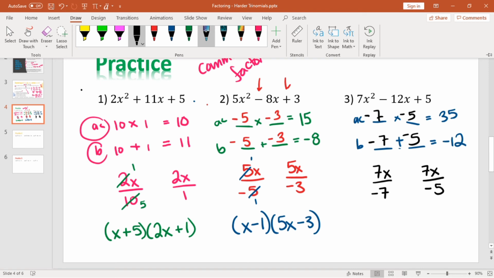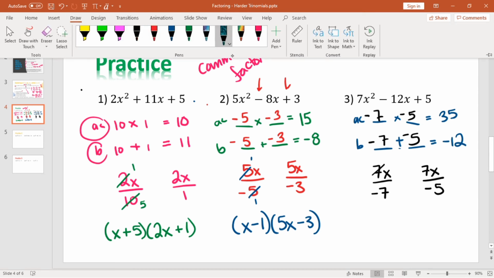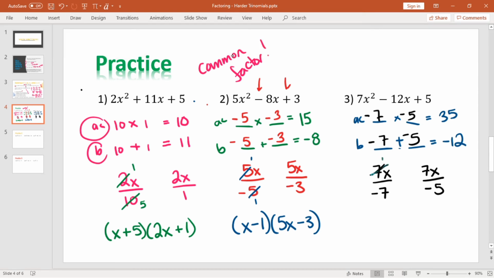Simplify if you can. That can be a 1. 7x minus 5 won't change. So once again, I have x minus 1, this time 7x minus 5.